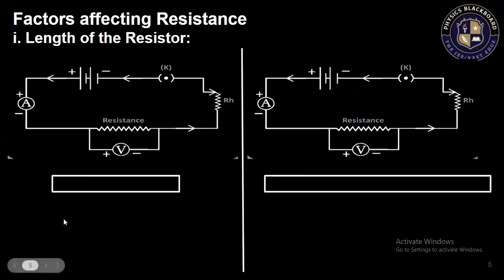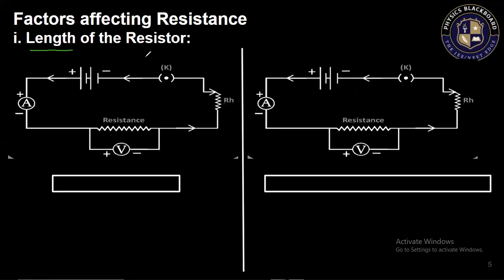Coming to the very first of these factors, we'll talk about the length of the resistor. Let's say this is the first case. In this circuit, we have taken a resistor having a certain resistance. Here let's assume that L is the length of the conductor. L is the length of the resistor or conductor.